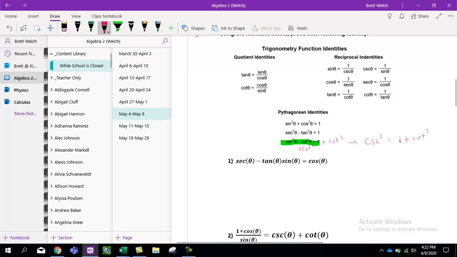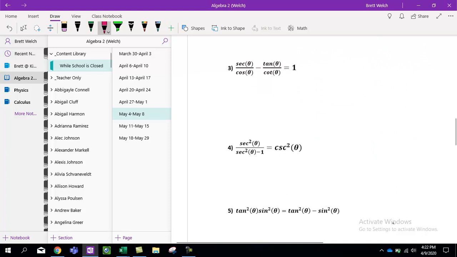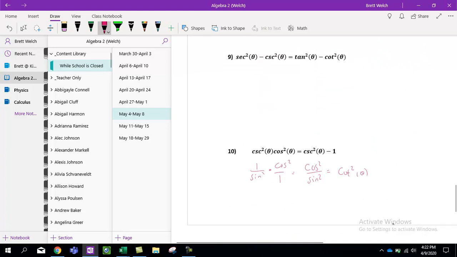But then how do I get cotangent alone? I would minus 1. So cotangent squared is by definition cosecant squared minus 1, which, come back down here, that was what our goal was. Cotangent squared is cosecant squared minus 1.